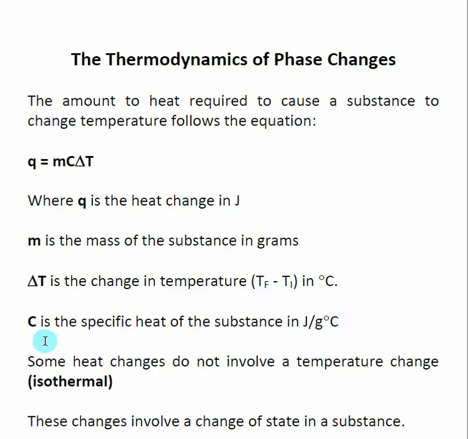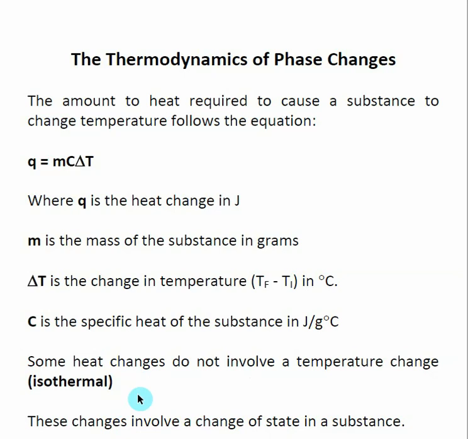One of the things you want to pay attention to here is that the specific heat of substances changes as the phase changes. We'll take a look at that here in just a second. So that's when temperature is changing, but when we actually go through a phase change, the temperature does not change. Some heat changes do not involve a temperature change. These are called isothermal, and that's what happens whenever we do a phase change.